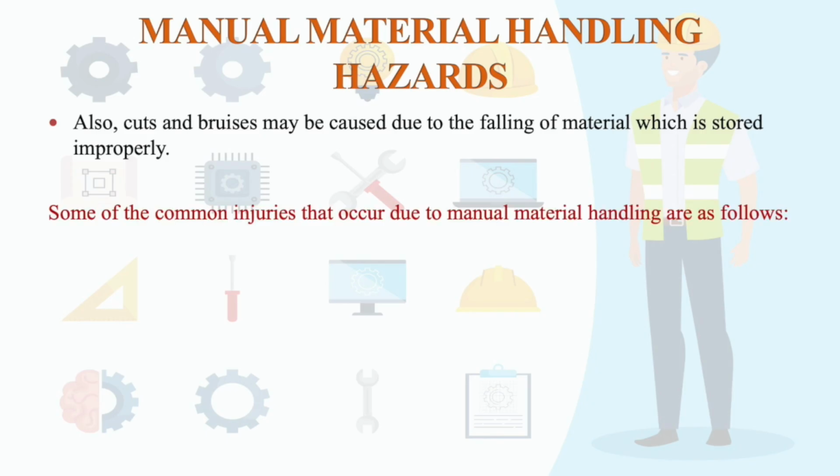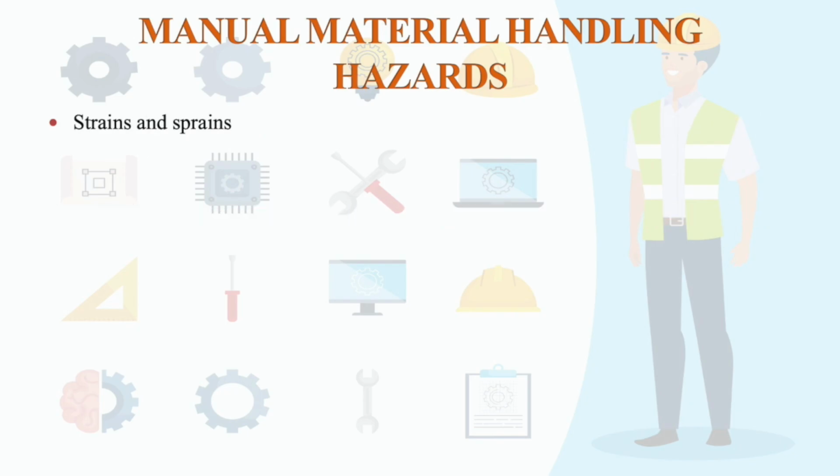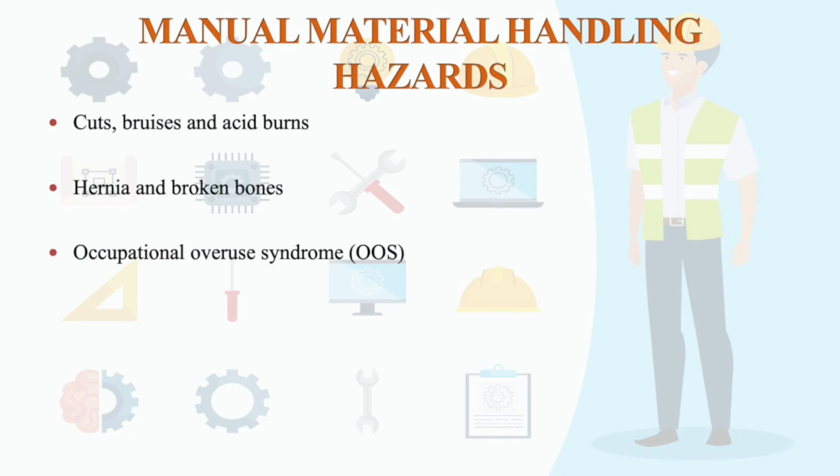Some of the common injuries that occur due to manual material handling are as follows: strains and sprains, neck and back injury, slips, falls and crush incidents, cuts, bruises and acid burns, hernia and broken bones, occupational overuse syndromes.